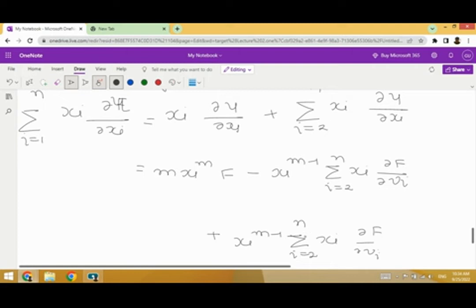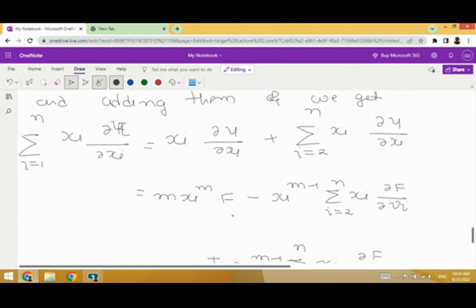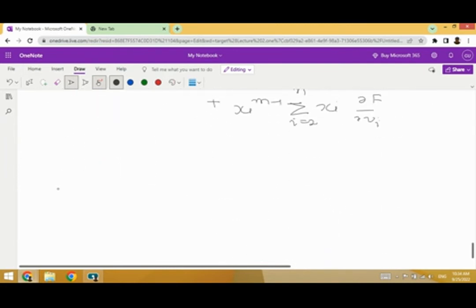But here this term and this term are equal, so we get only summation i varies from 1 to n xi del u upon del xi is equal to m x1 raised to m f.